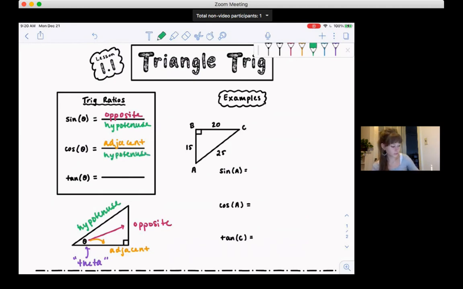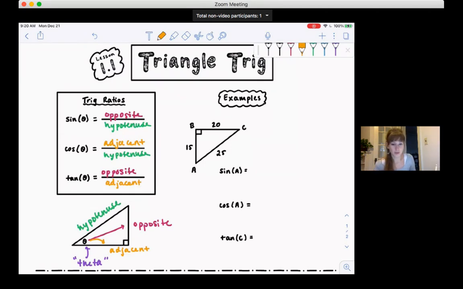And tangent is defined as the opposite side length divided by the adjacent side length. All right, so those are the definitions.